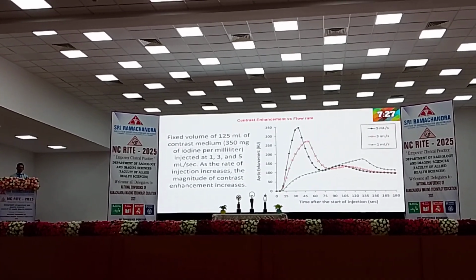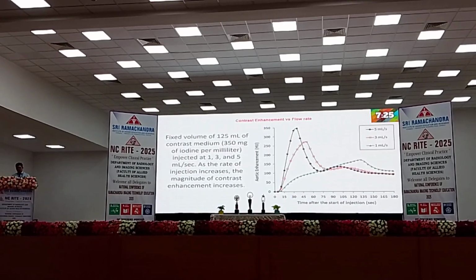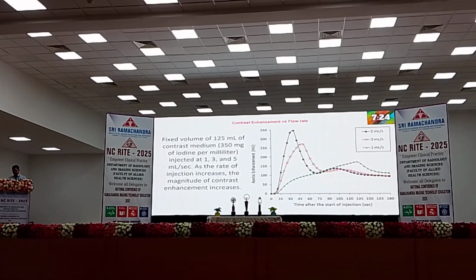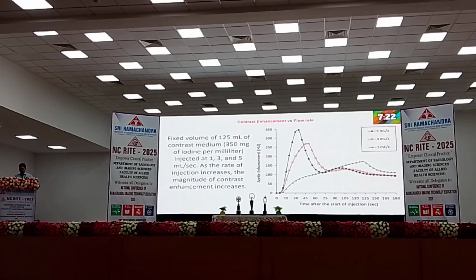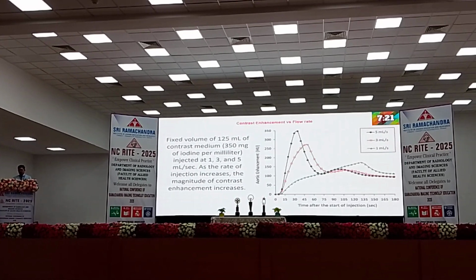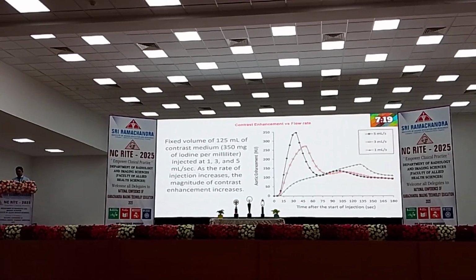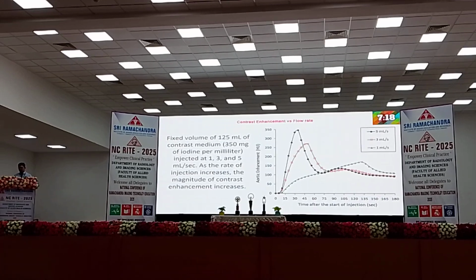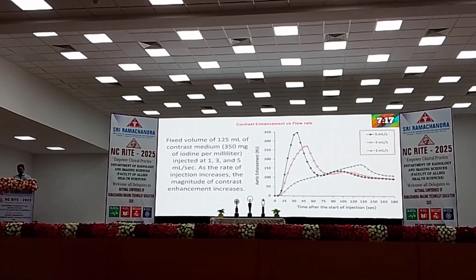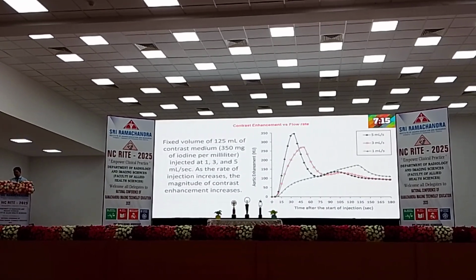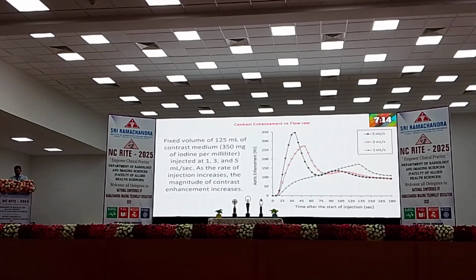Similarly, now you can see the flow rate. For example, 125 ml is given to all three patients, and for the same patient we give 1 ml per second, 3 ml per second, and 5 ml per second in three different scenarios.